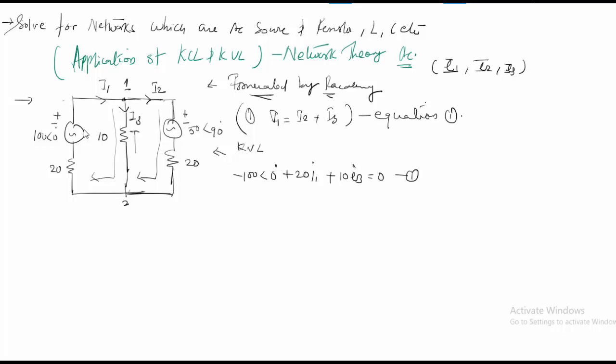This is my first equation, and the second equation is 50 angle 90, which is a voltage, plus 20 I2 minus 10 I3 is equal to 0.